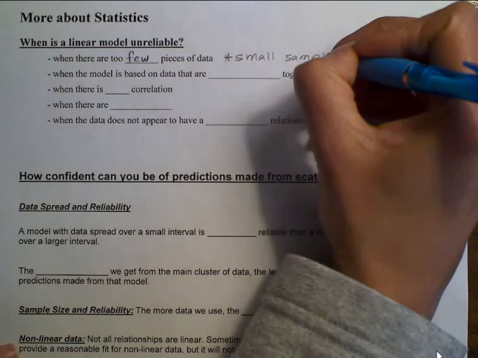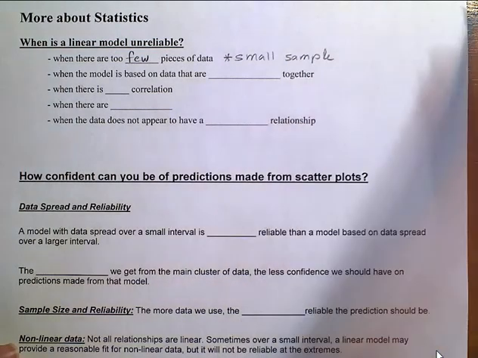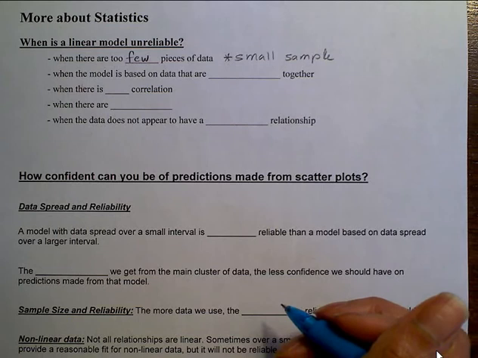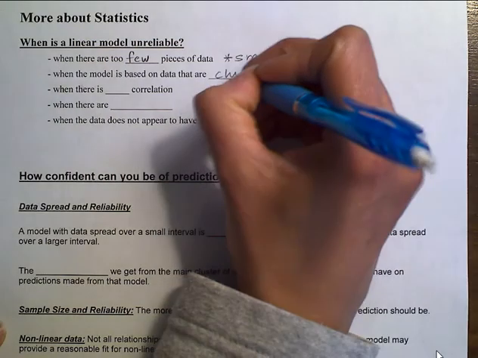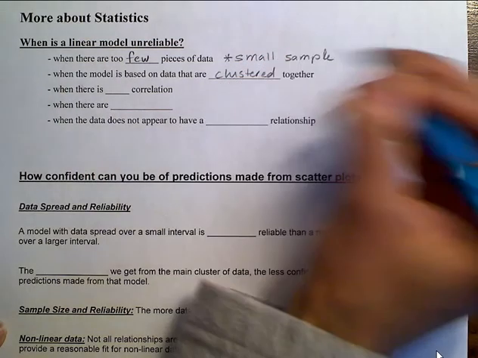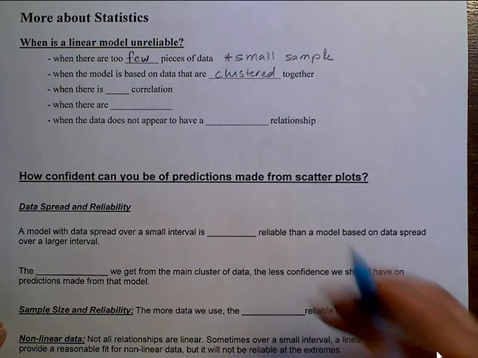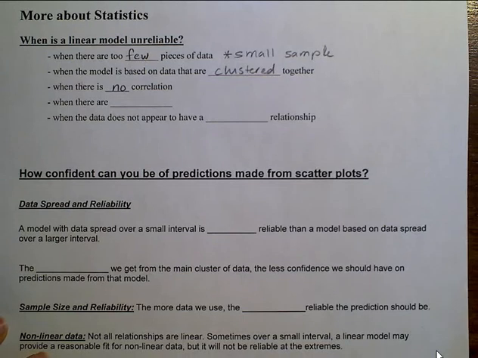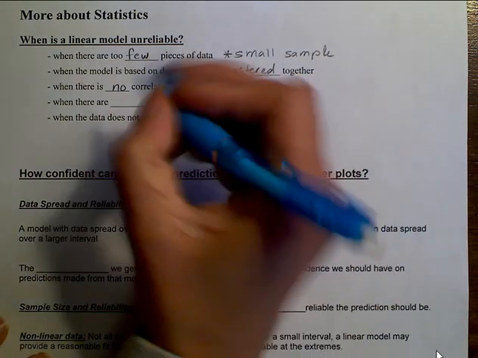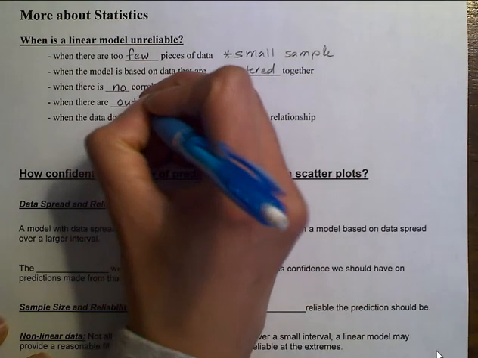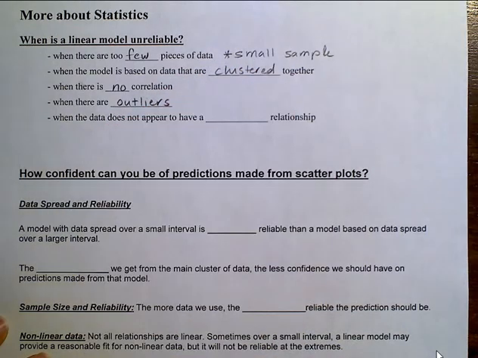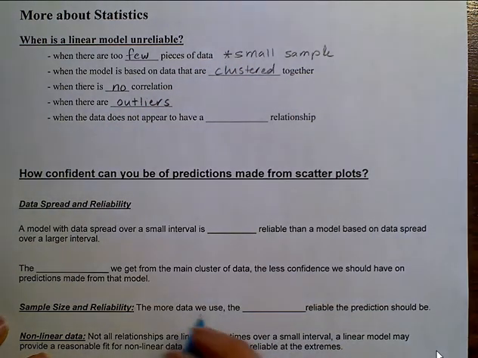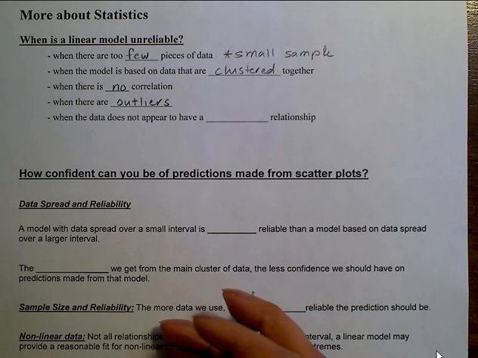So any valid statistical study will follow very specific rules. When the model is based on data that are clustered together, like really clustered together, a linear model would not be reliable. If there's no correlation, you wouldn't use a linear model. And when there are outliers, you may not use a linear model because it wouldn't help you make predictions that are accurate.